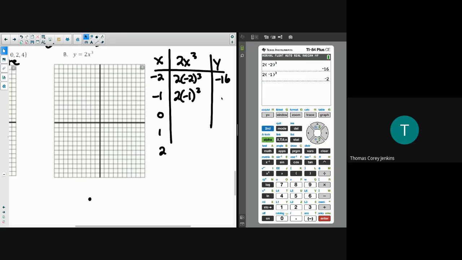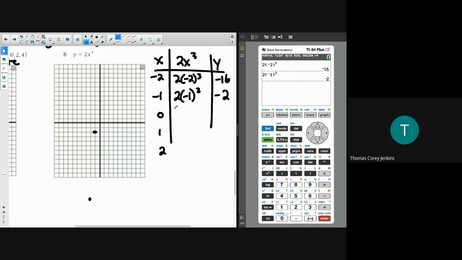So -1 goes to -2. Since this is not working so well, I'm just going to do the math for you on the next two, but take note that anytime you have an exponent after your variable, you want to plug in parentheses. That's really important.